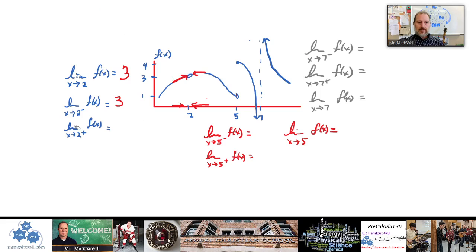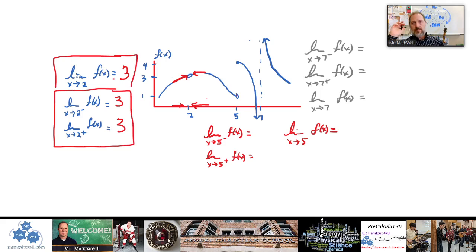The right-hand limit, so limit of f of x as x approaches 2 from the right side, and we already drew this, well, it's approaching this value, which is the value of 3. So notice the left-hand and the right-hand limits agree.